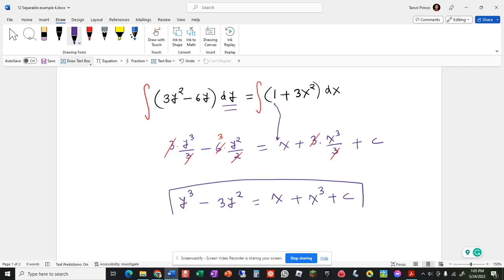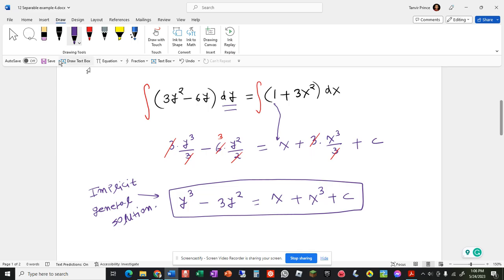And that will be my implicit general solution. y is not solved in terms of x. In this case, we will not go for explicit because it will be difficult, because you have a cubic equation. Although we have a formula for the cubic, it will be quite difficult. So we'll skip that, and we don't have to do this in this case. So this is the implicit general solution.